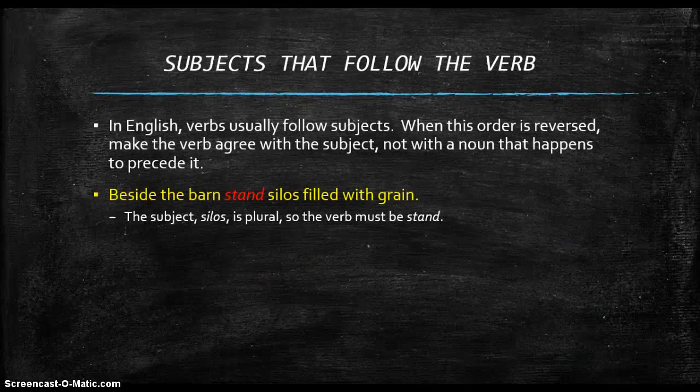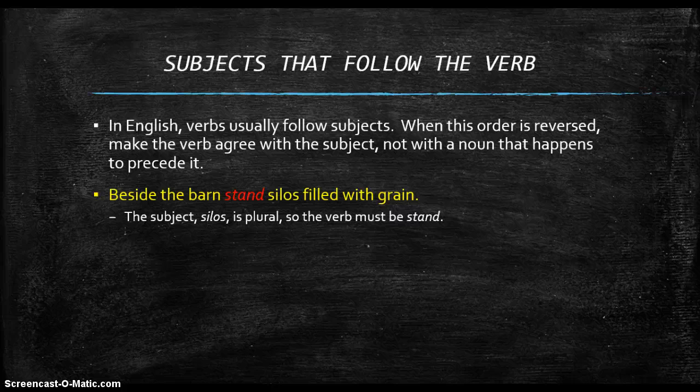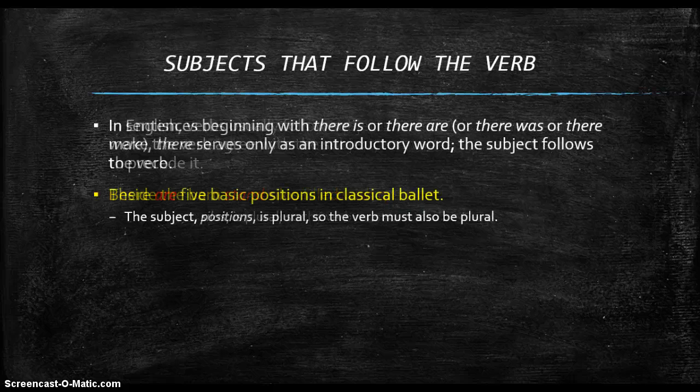Then we have sometimes subjects that follow the verb. In English, verbs usually come after the subject, but if you reverse the sentence, you have to make sure that the verb agrees with the subject, not with a noun that just happens to come in front of it. So we have the example, beside the barn stand silos filled with grain. The subject is silos. It's plural, so the verb also has to be plural, stand.